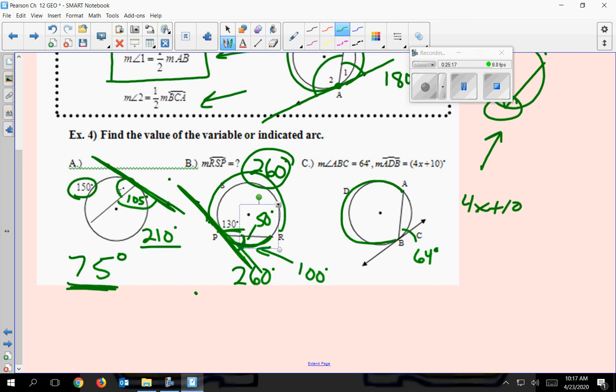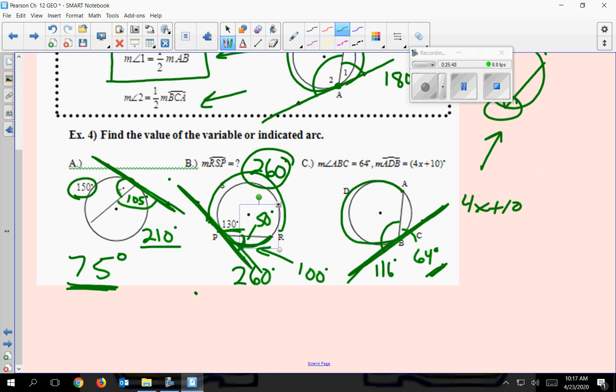If I take this angle right here is 164, and I know this is a straight line, and this arc ADB is being intercepted by the angle AB, or just angle B. You could take that 64, subtract it from 180, and I believe I get 116.